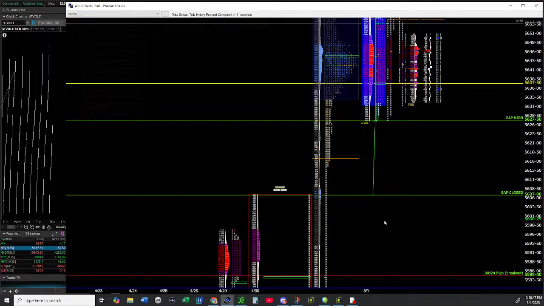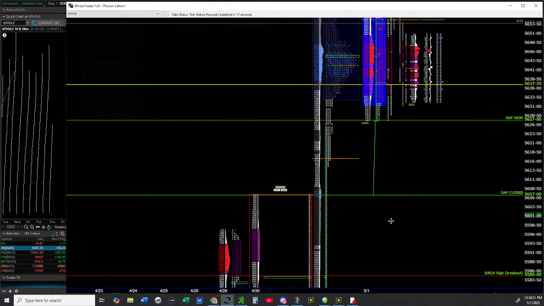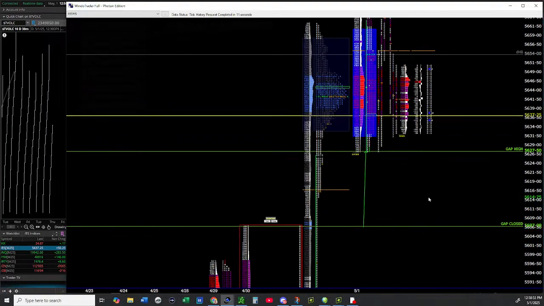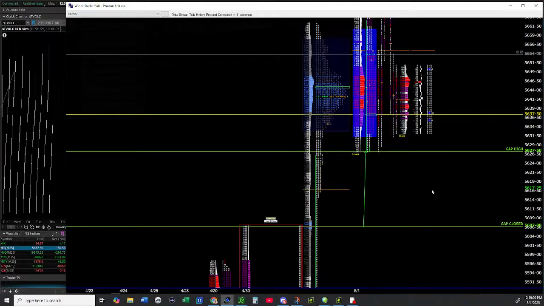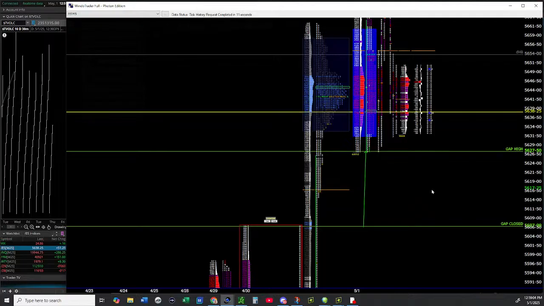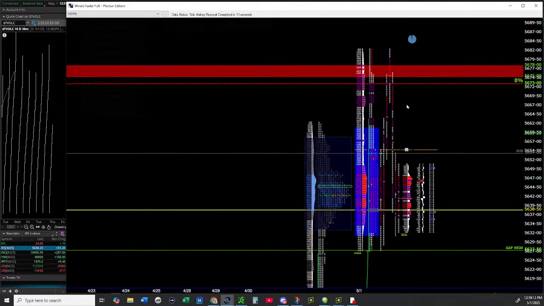That seems far now, but with this kind of events, that's not impossible. But also, we have a gap to the upside. The gap has been closed, and we have a rotational day now. It happened very early.